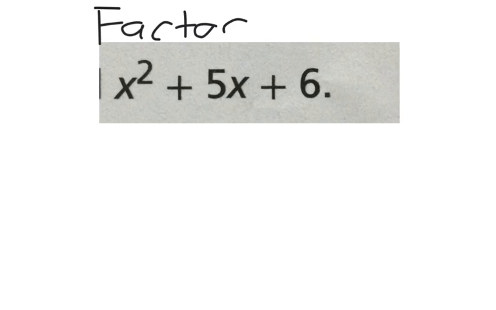Okay, so what we're going to look at today is this is a 3-term polynomial that's in the form ax squared plus bx plus c. This is what we call a quadratic. And we kind of looked at that word earlier. So quadratics are in the form of ax squared plus bx plus c.